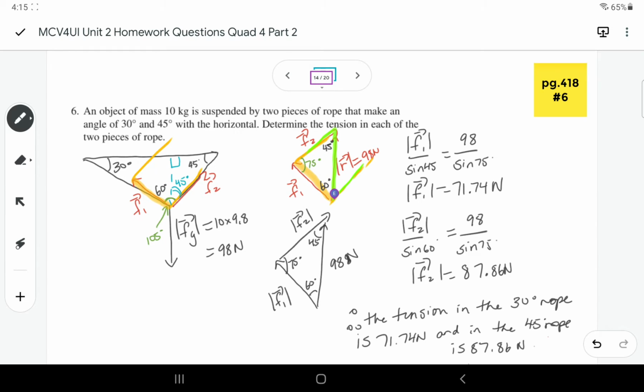But this whole angle between F1 and F2 where they're tail to tail, that's actually 105. Because that would be looking at the big outside triangle with the 30 and 45 at the top and subtracting those from 180. So that whole angle at the bottom there is 105. Okay, that makes sense. Okay.